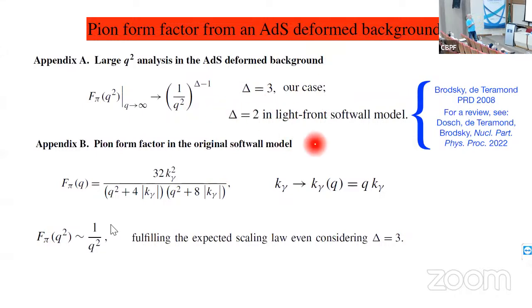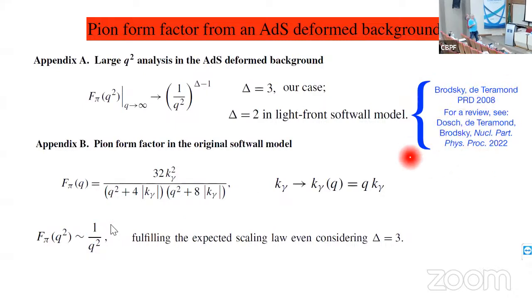But in the Brodsky-Teramond model, in light front holography, soft wall, they use or find, I'm not sure how they did that, delta equals 2 for a meson, right? So they have this behavior in their model. You can see the original work in 2008.